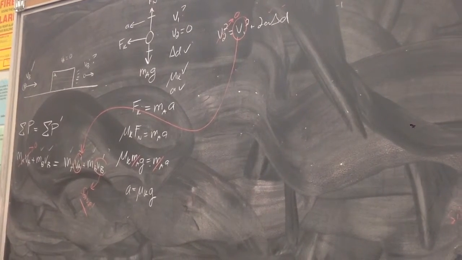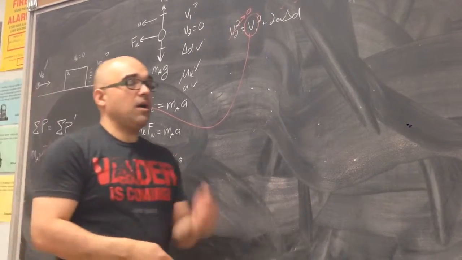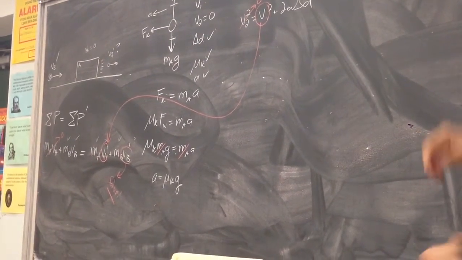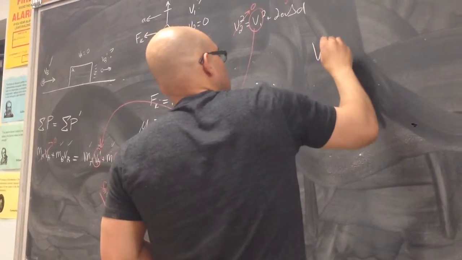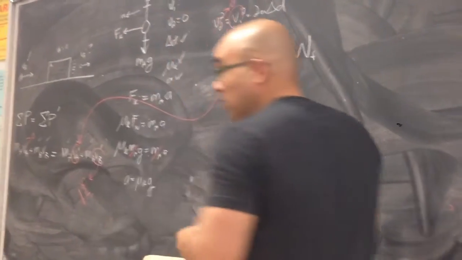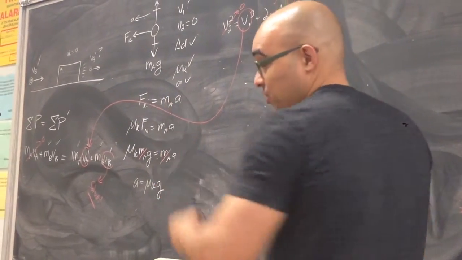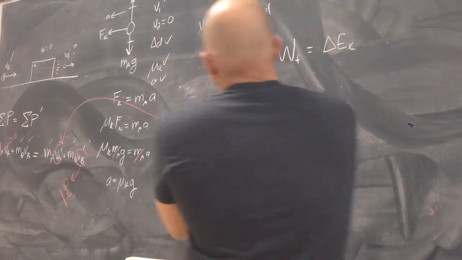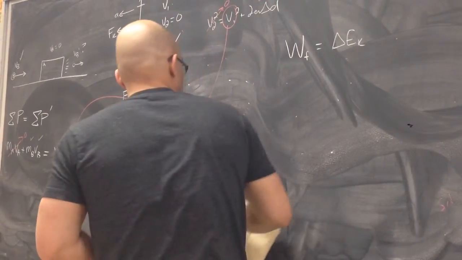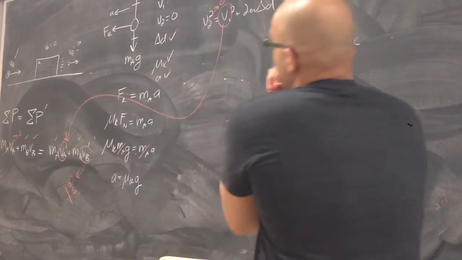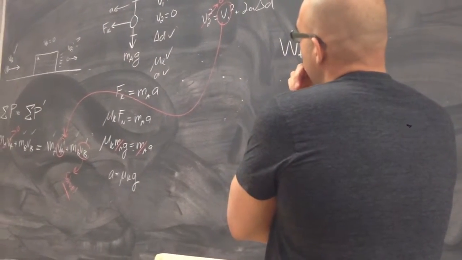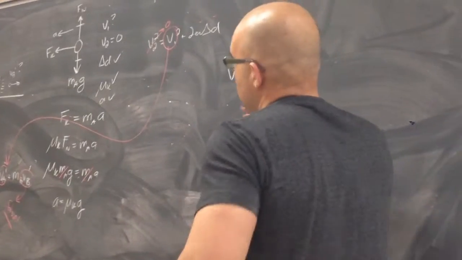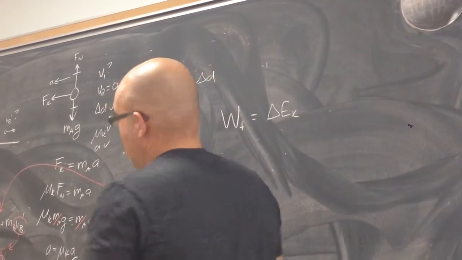And then what we can do is use the work-kinetic energy theorem. So we can say that the work done by the force of friction on the block, as the bullet passes through the block, will be seen as a change in the kinetic energy.